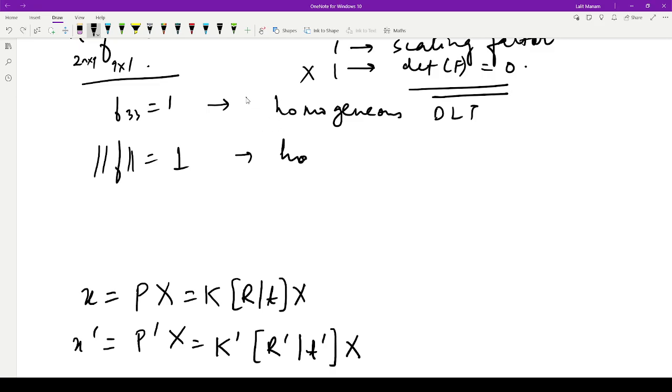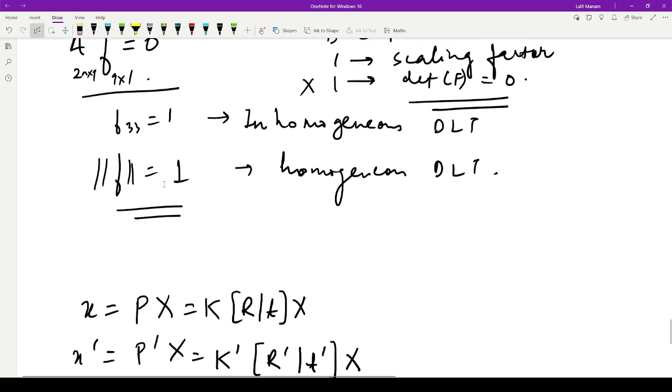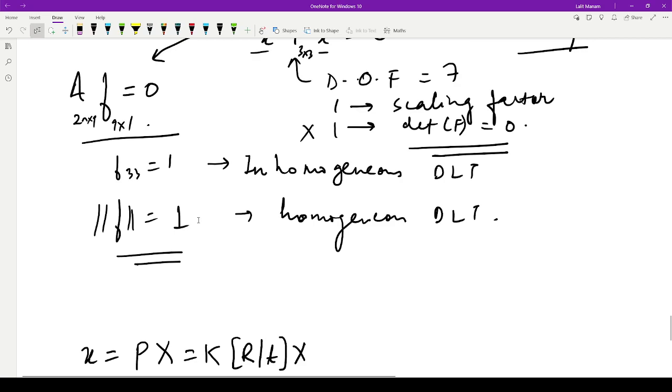This is the homogeneous DLT, where you just try to find the singular vector of A through which you get f.